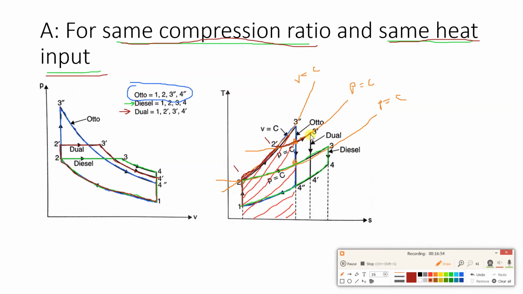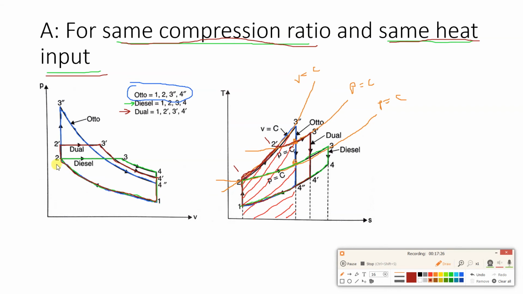Now from here 3 dash to 4 dash, it will be vertical isentropic expansion in dual cycle, and 4 dash to 1, this is constant volume heat rejection in case of dual cycle. So here you should understand that we have maintained two things the same. First one is compression ratio, which on the PV diagram you can see is process 1 to 2.